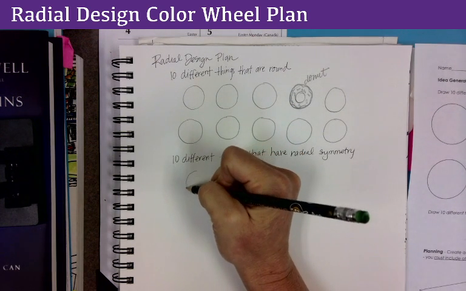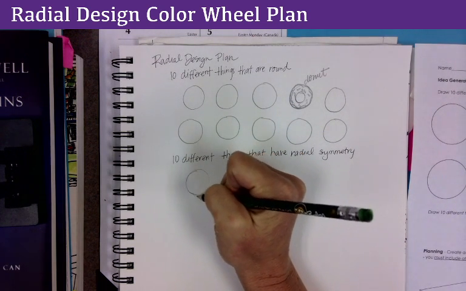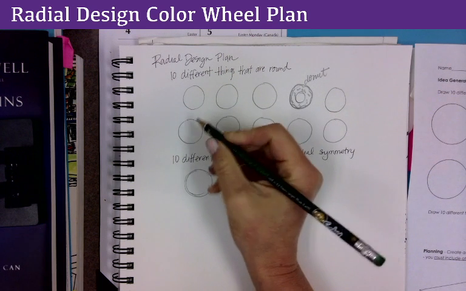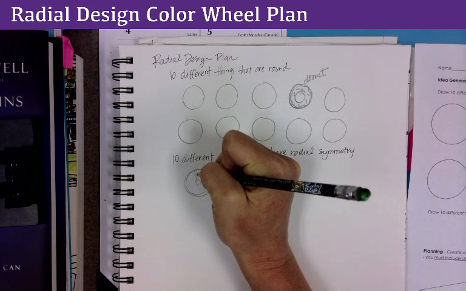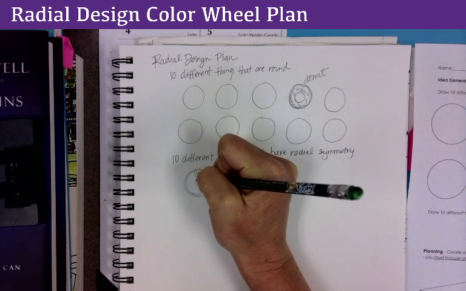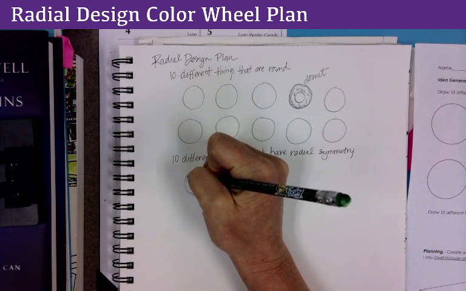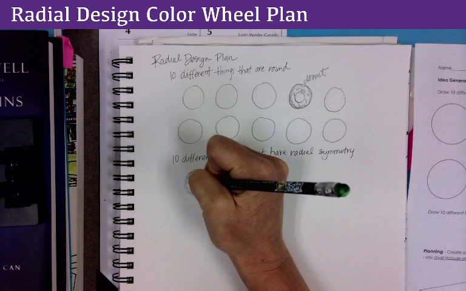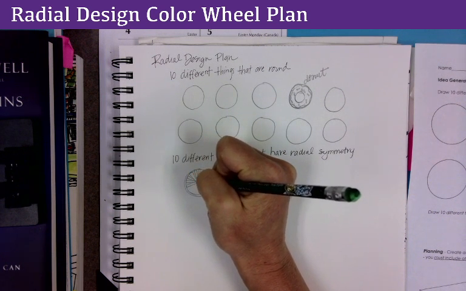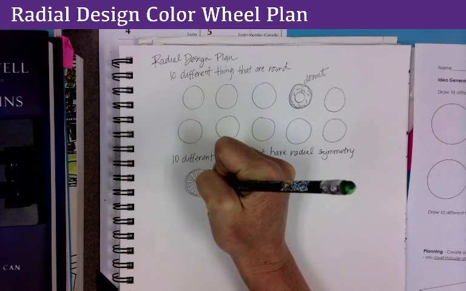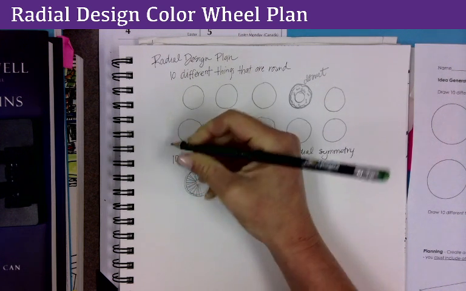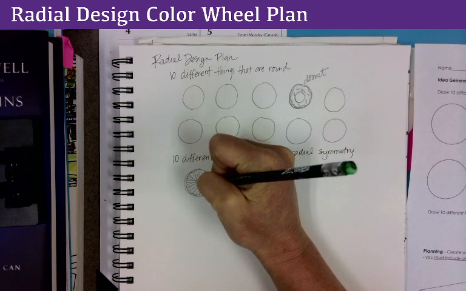Again, you can start with circles. You don't have to, but let's take that flower. If you don't know what radial symmetry is, you should stop watching this video and go back to the introduction to the project, which gives you an overview of what you're going to be doing and also explains some of these terms.